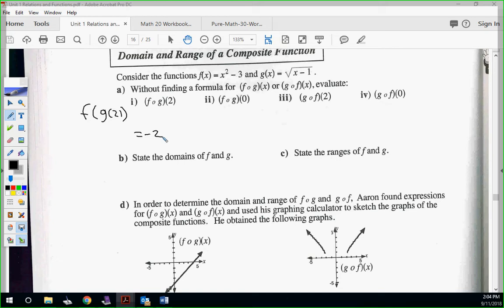So if you didn't follow me, because we did a little bit of mental math there, I took 2, I put it in here for g. Okay, that gave me 1. And I took right here, this whole group is now a 1. So I did f of 1. 1 squared minus 3. Now, f of g of 0, what happens when we do that? So if I put 0 in for g, what happens?